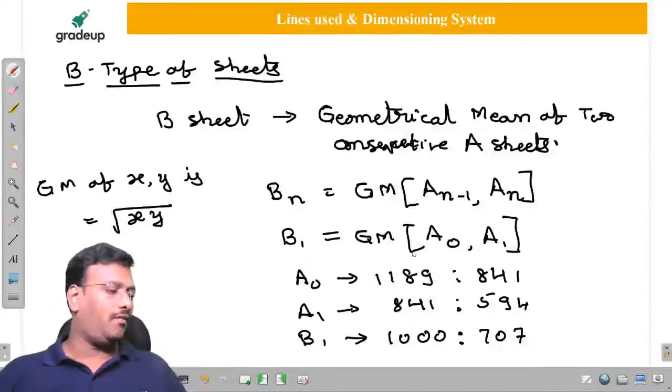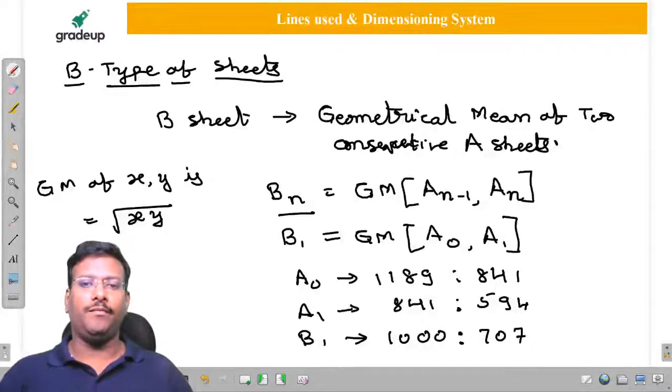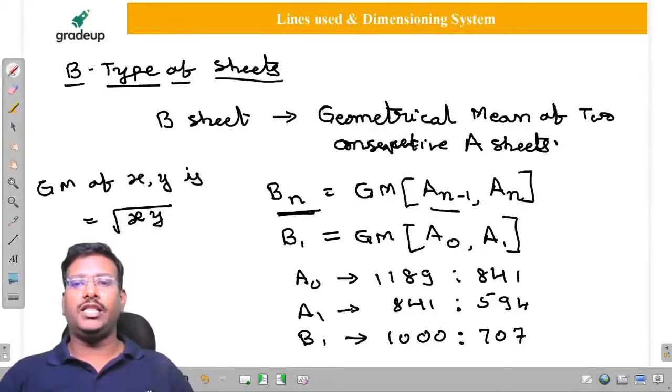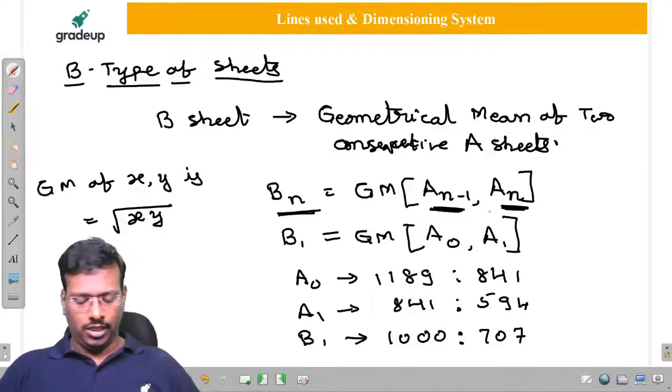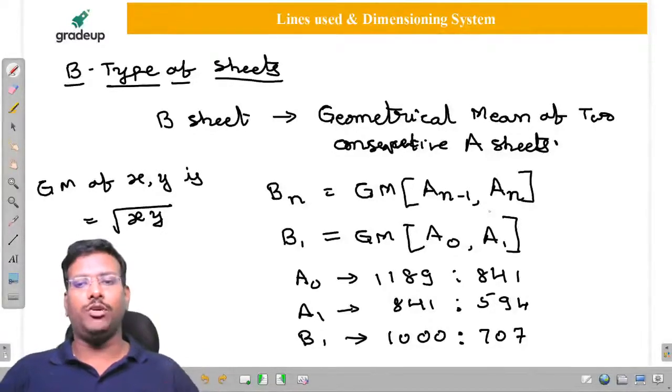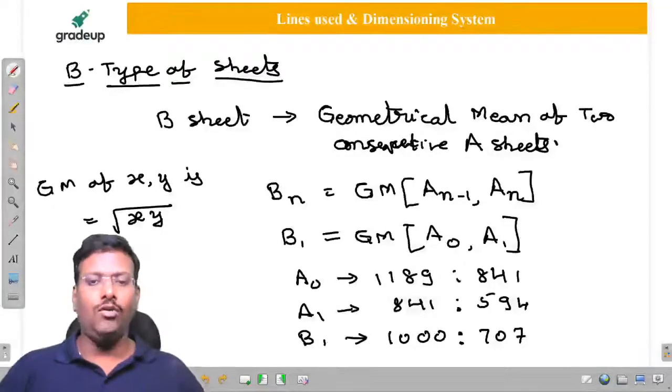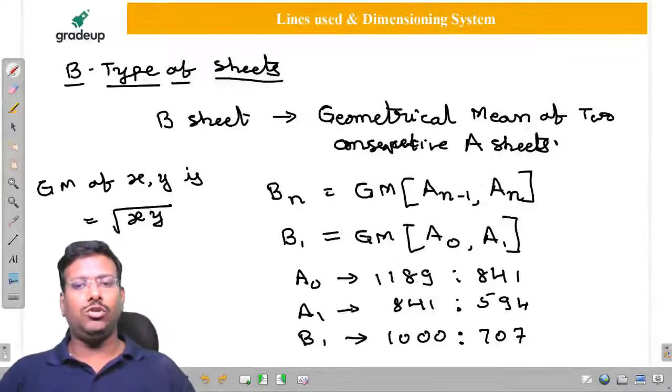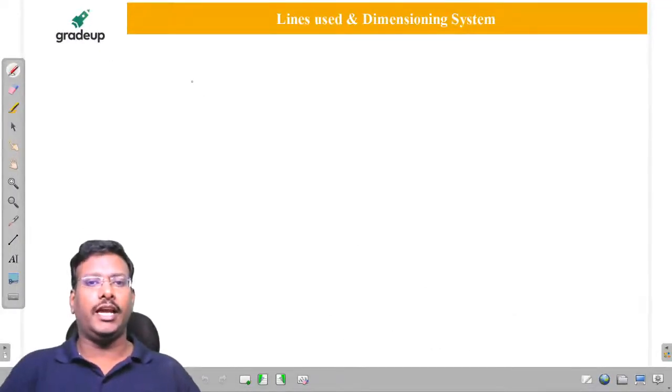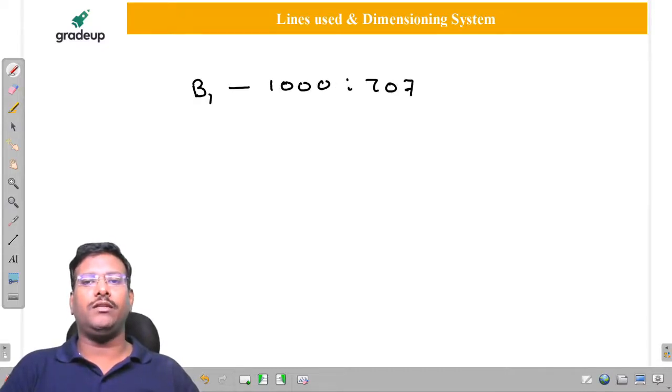So if I want a Bn sheet, then we have to take the geometrical mean of An minus 1 and An. Now if you observe, A0 size you know, A1 size you know. If you multiply these two and take the square root of it, we can get it like this. Therefore, B1 is nothing but 1000 by 707.